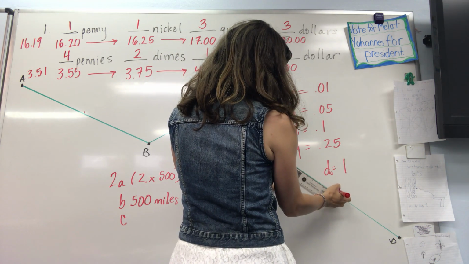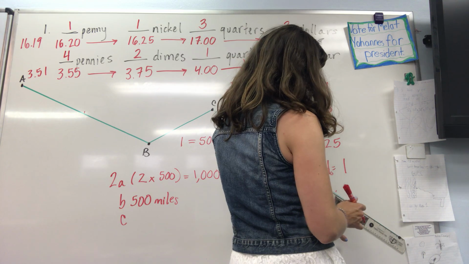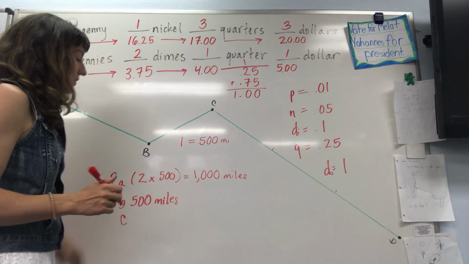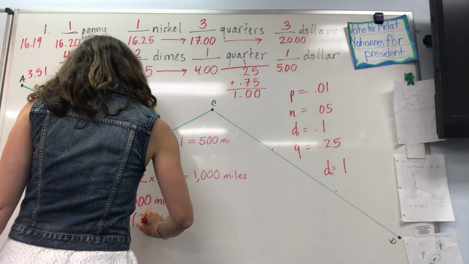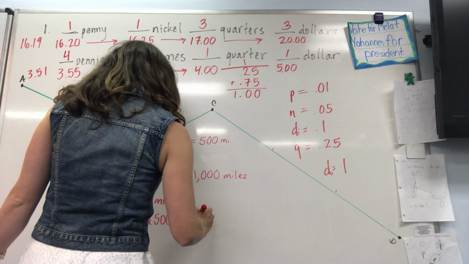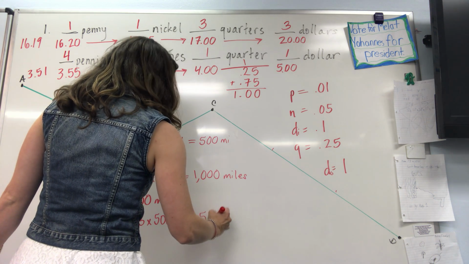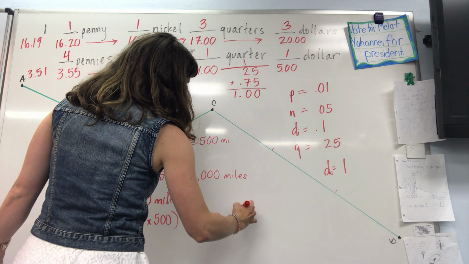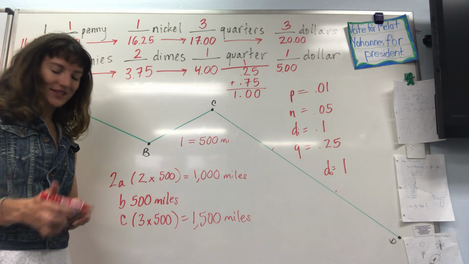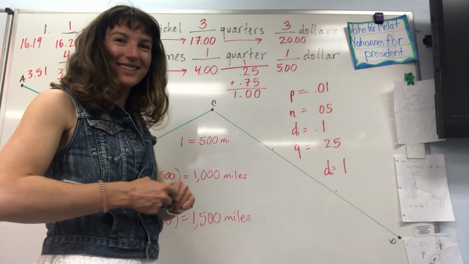Yours is in inches, but mine is in feet. So that's 1, 2, 3 feet. 1 equals 500 miles, so I go 3 times 500 equals 1,500 miles. Awesome.